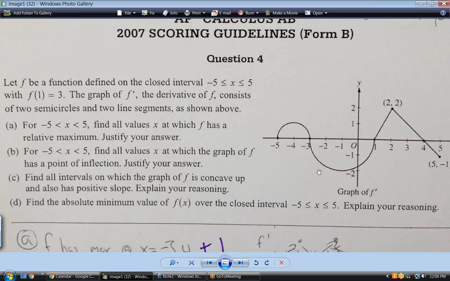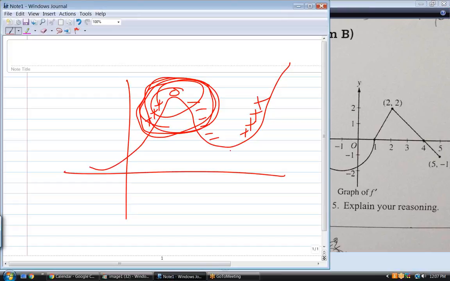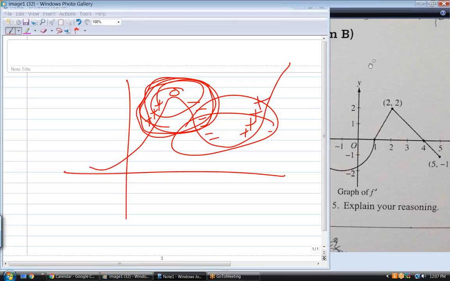Now let's go look at this point. What are the slopes doing? They're changing from negative to positive, which is this situation. That's a minimum. That is a relative minimum, not a maximum.